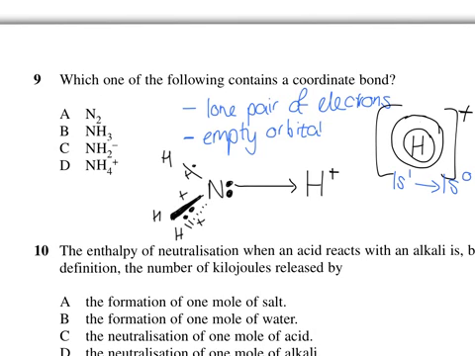So that 1s0 is now an empty orbital that's able to accept the lone pair of electrons from nitrogen. And so we can see that our answer is D. D is the ammonium ion, which is formed when the lone pair on ammonia coordinate bonds with a hydrogen ion.